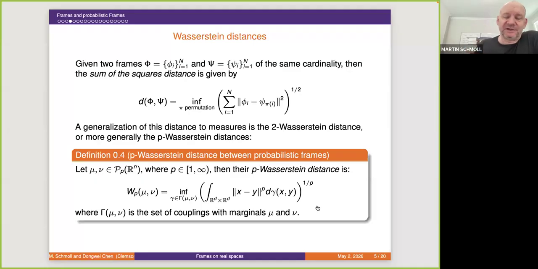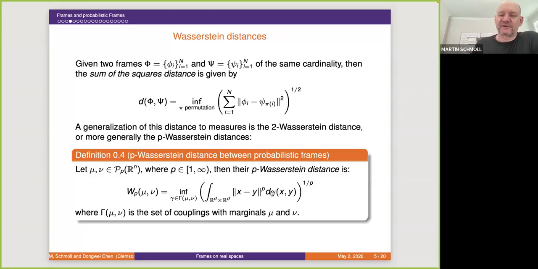Don't worry if you haven't seen all that. The only thing I can say is that if you have an actual map that pushes mu to nu by a push forward, then you get one of those couplings. That is easy to see.